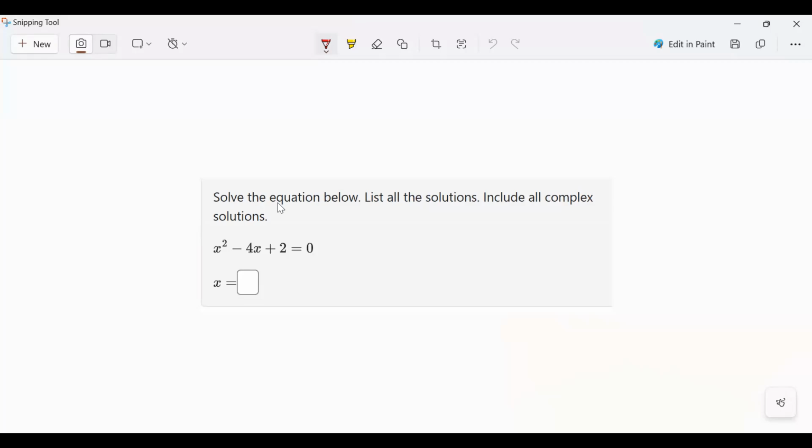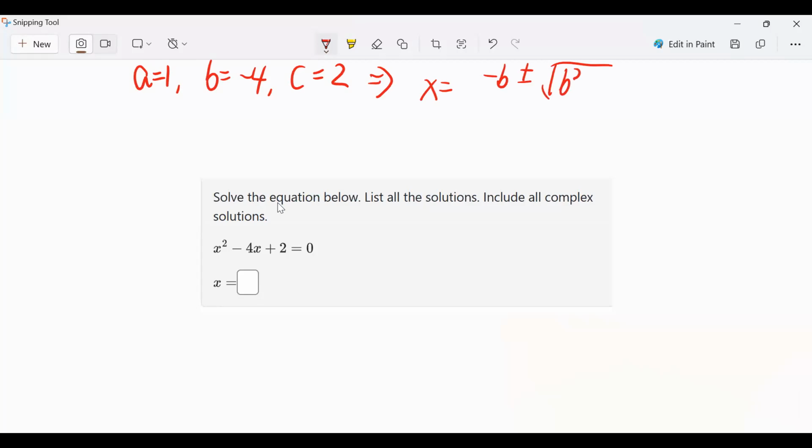So you have both options open, just in case you forget the quadratic formula. And here a is 1, b is 4, c is 2. Quadratic formula: x equals minus b plus or minus radical b squared minus 4ac over 2a. So give it a shot.